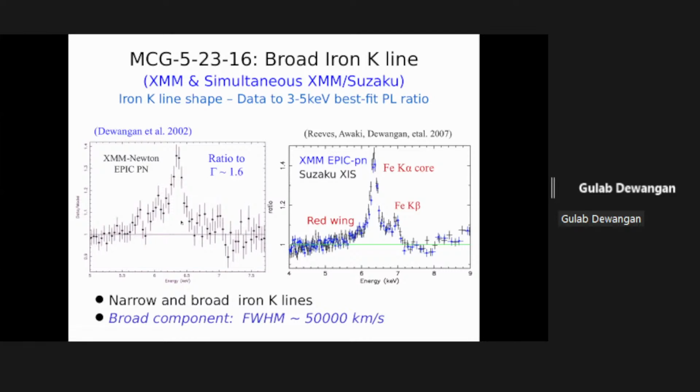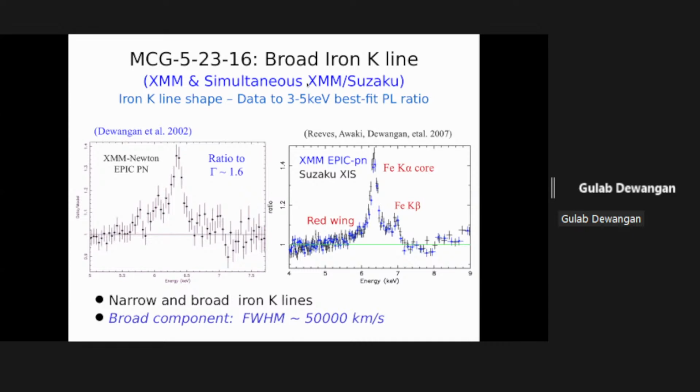This is the real data, and this is the ratio of data to the continuum model. The continuum model does not include a model for the iron line, and this is done to show the shape of the iron line from an AGN called MCG 5-23-16.